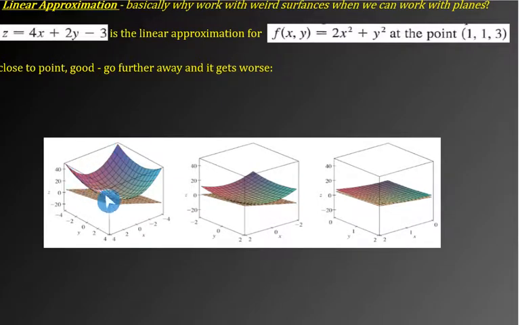The idea is like, if this was the surface, I can zoom in and zoom in right by the point, and it'll start to look like the surface is linear really by that point. If I zoom in far enough, then the surface is going to literally start to look like a plane.